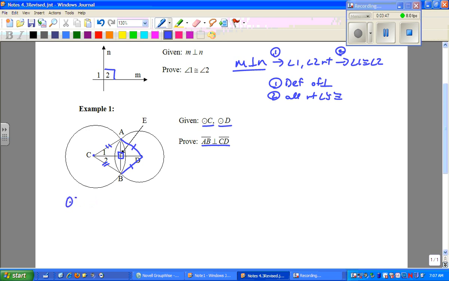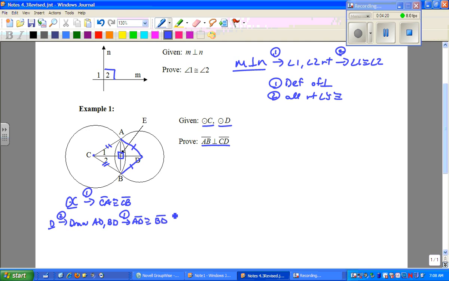So we're going to start with C is the center of the circle, causing CA to be congruent to CB. We also have to draw in AD and BD, and then from there we could say that AD is congruent to BD.